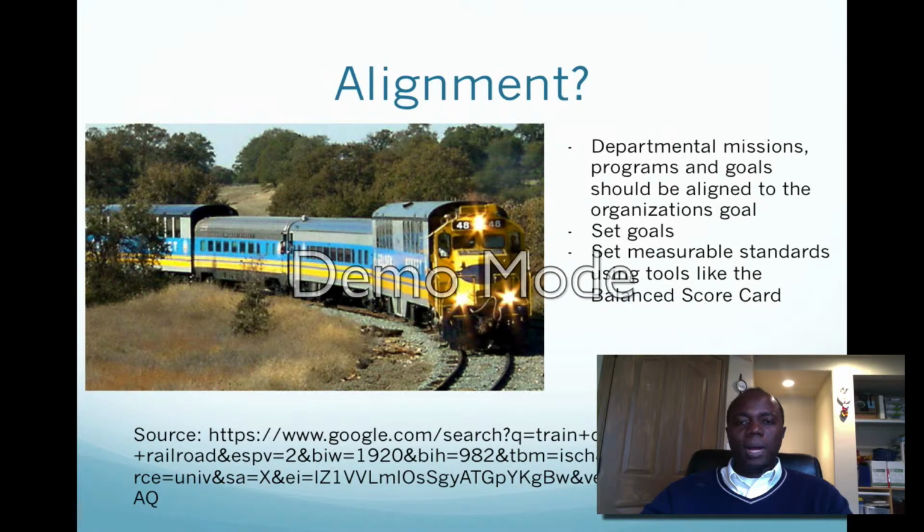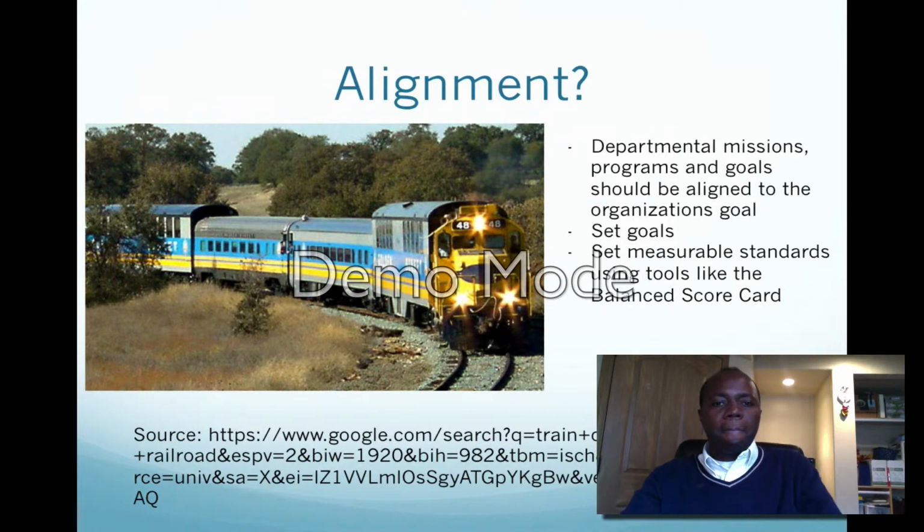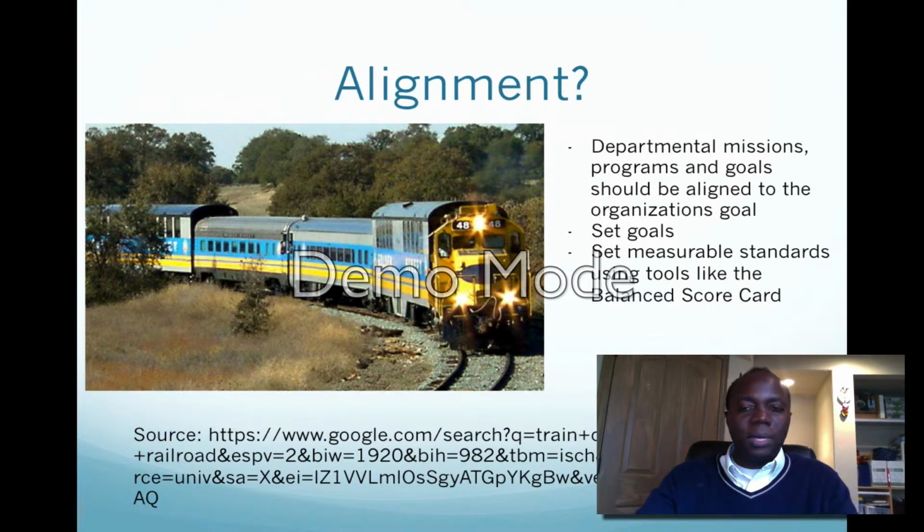So I have this analogy here of a train. A train can successfully travel from point A to point B if it's aligned to its tracks. If a train is misaligned, there will be undesired consequences. Likewise, departmental missions, programs, and goals should be aligned to organizational goals.